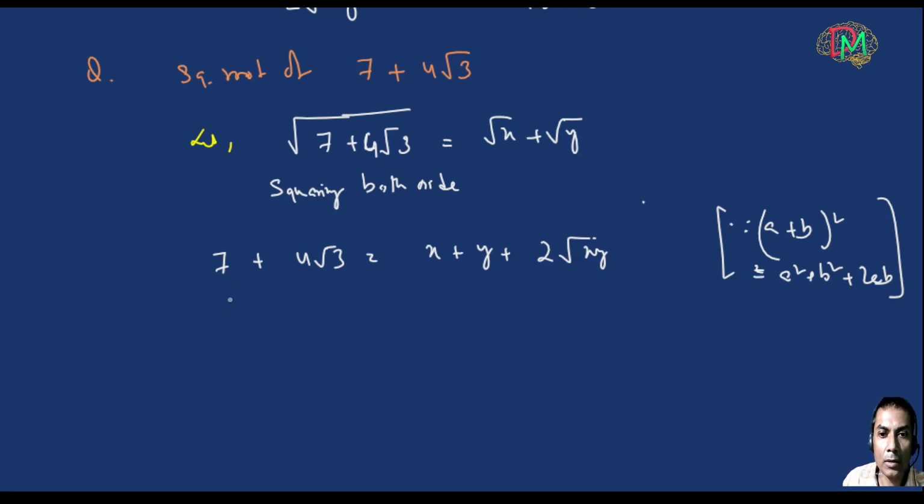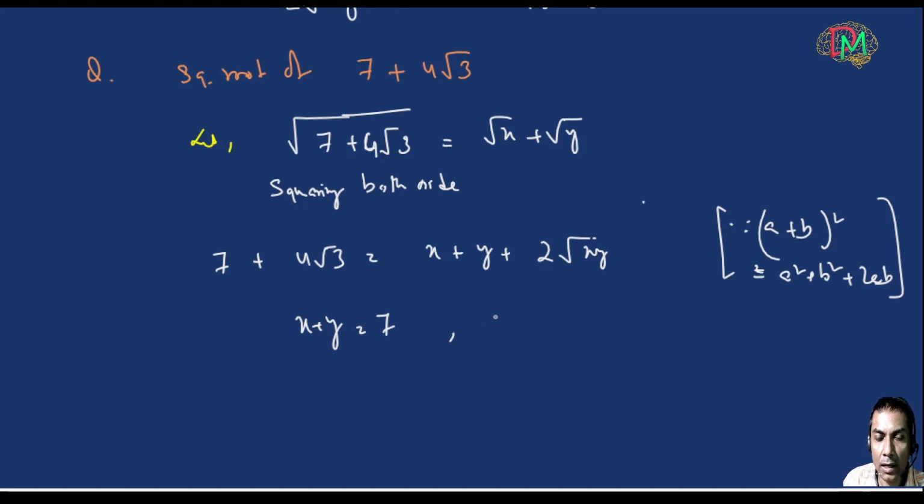Then compare the rational and the irrational parts. By comparing, the rational part gives x plus y is equal to 7, and 2 root xy is equal to 4 root 3. If we square it, it will be 4xy is equal to 16 into 3. Okay, so cancel out, so xy is equal to 12.